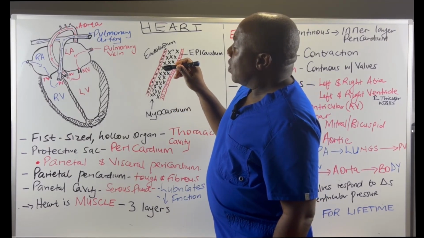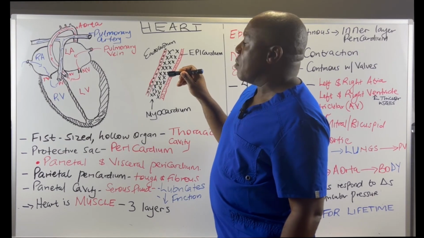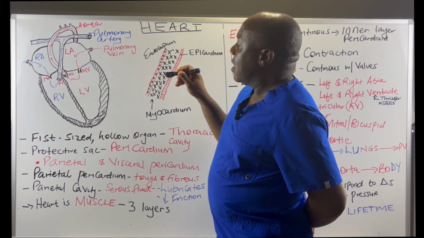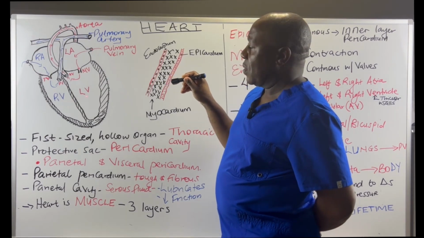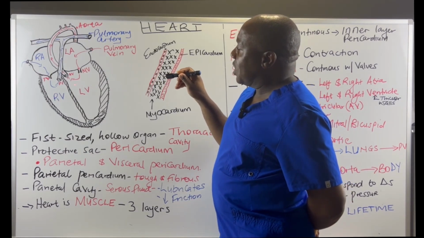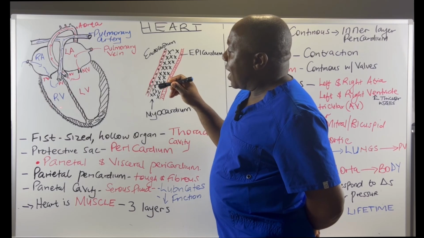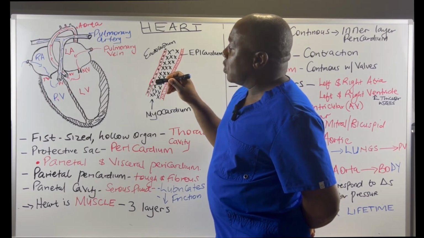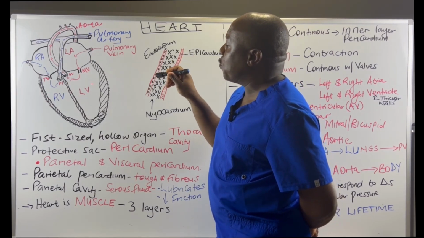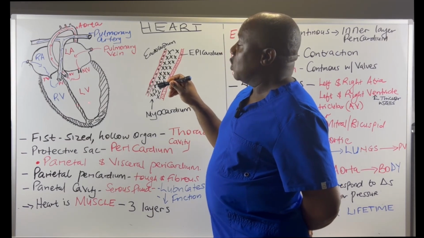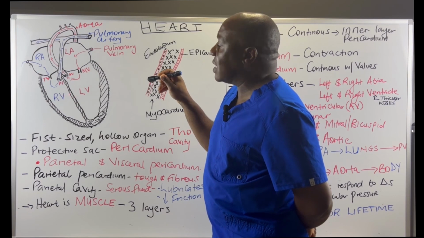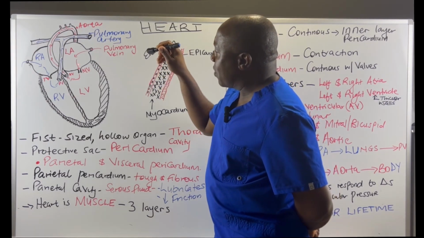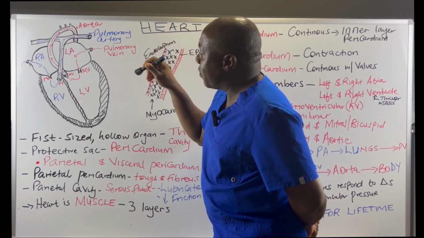Now, when the heart is in resting mode, we say the heart is in diastole. In other words, in this mode, the blood flows into the ventricles, or the ventricles fill with blood. So in diastole, the heart is in resting mode, and blood is flowing from the atrium to the ventricles.